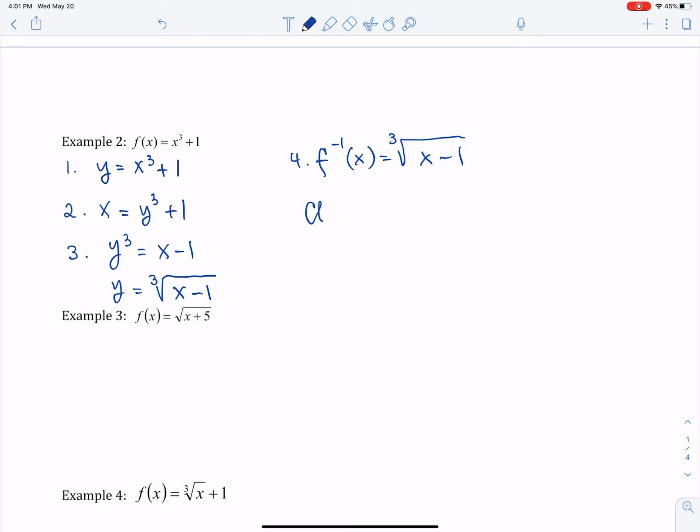Let's check. Is it true that f of inverse f of x is equal to x?